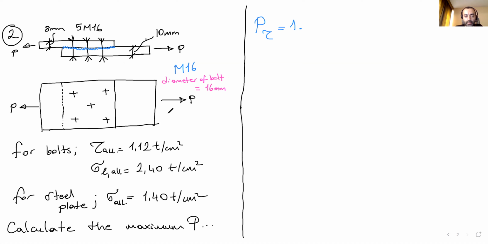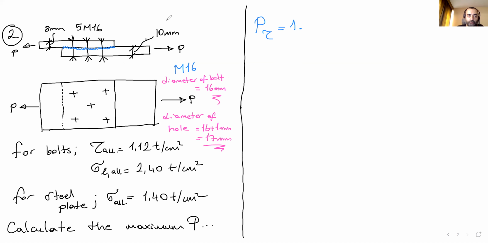Okay, the diameter of the hole is 16 plus 1 millimeter, so it's 17 millimeter. Don't forget these two.